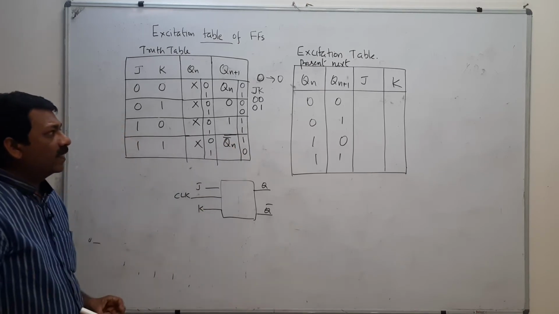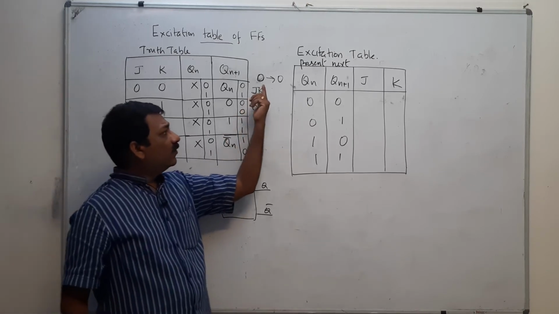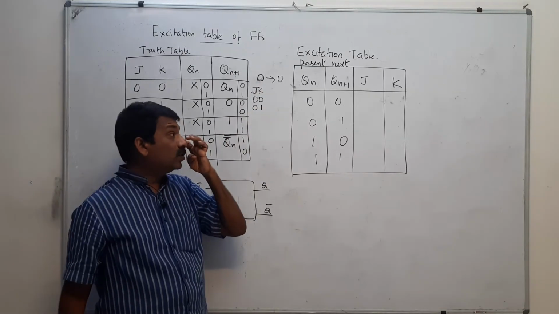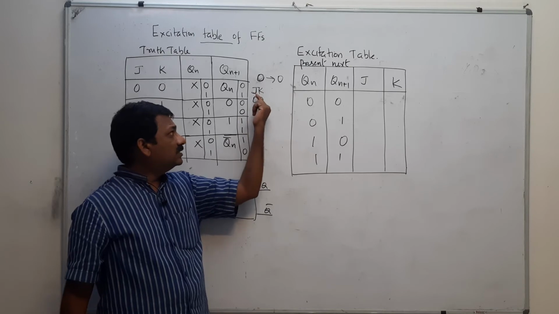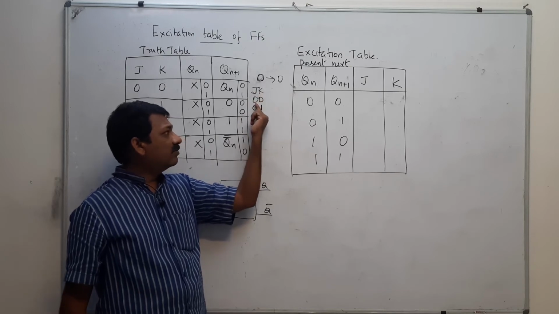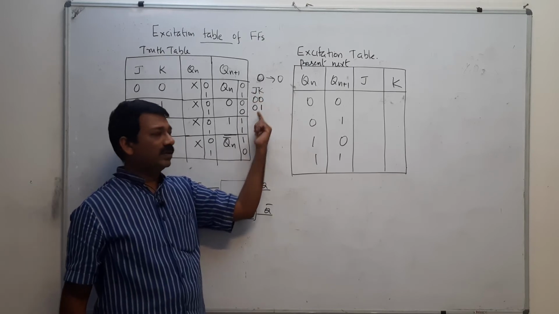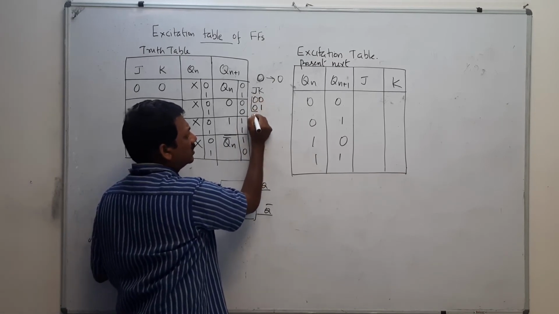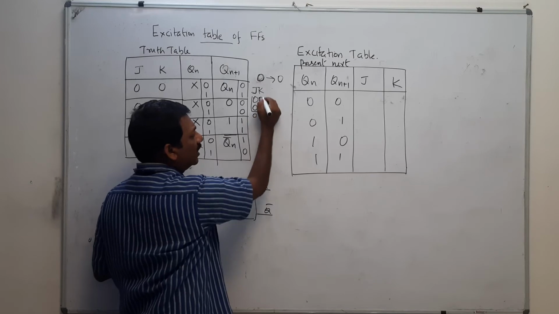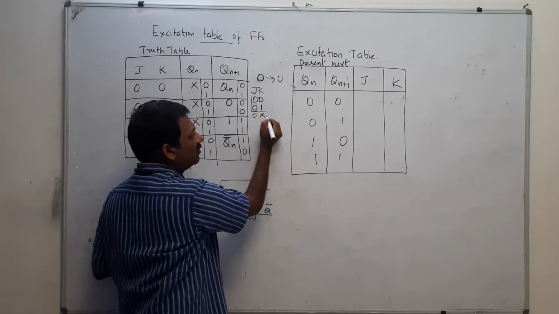That means here, if you want to have a transition from 0 to 0, the jk values can be either 0, 0 or 0, 1. That means this j should be 0 and this k is a non-care condition, that means 0x.